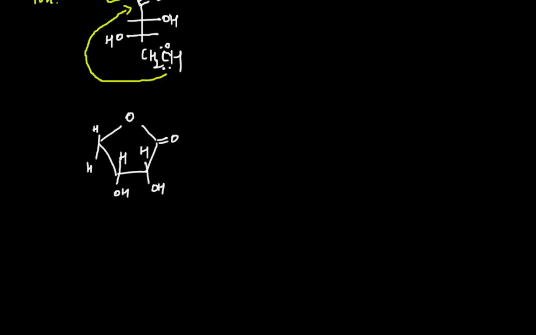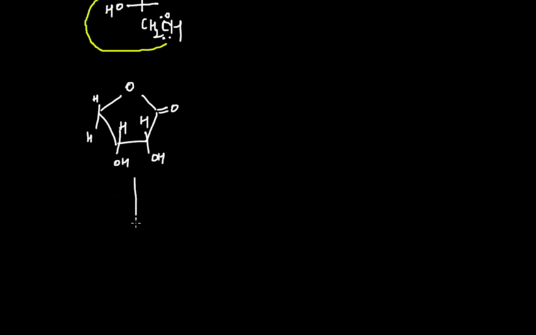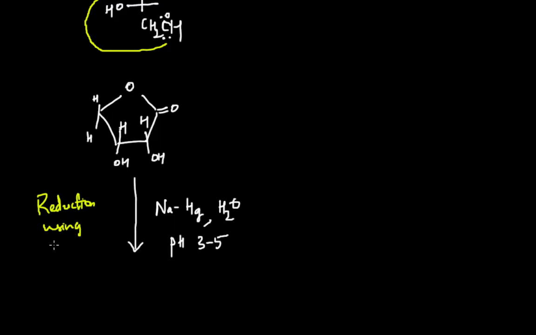Further, you react it with sodium amalgam, NaHg, in the presence of water, keeping an acidic pH of 3 to 5. Here what happens is a free electron reduction, using electron transfer from sodium.